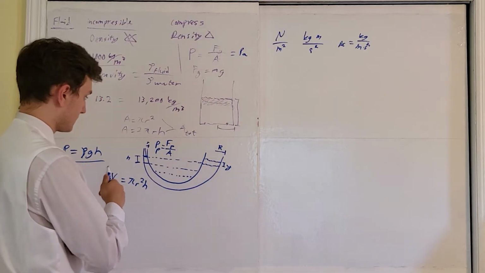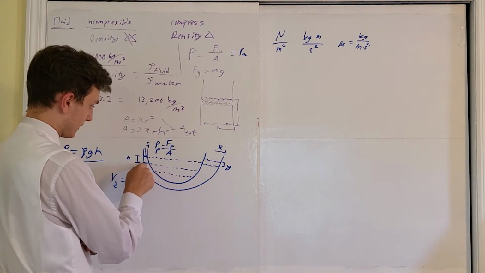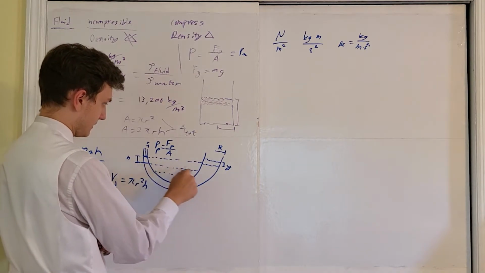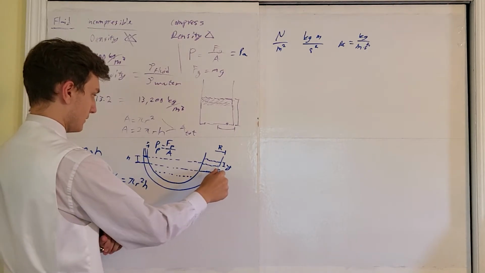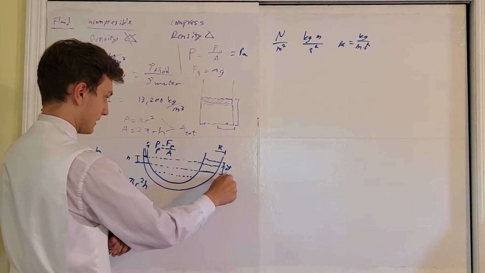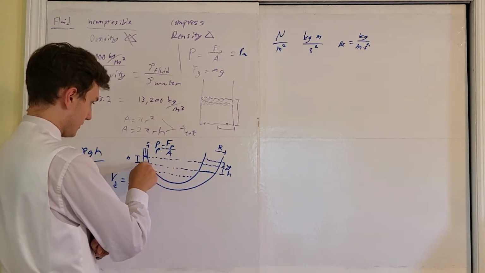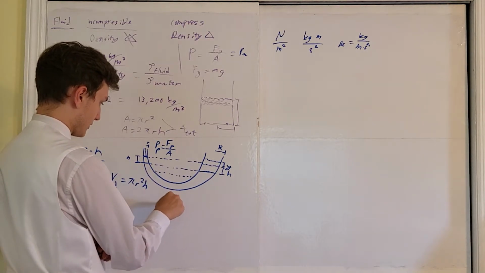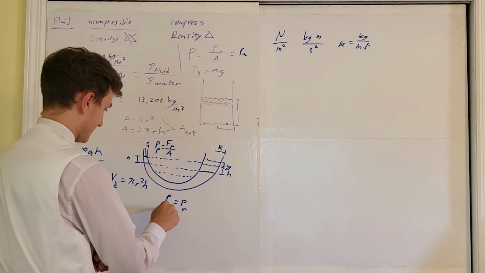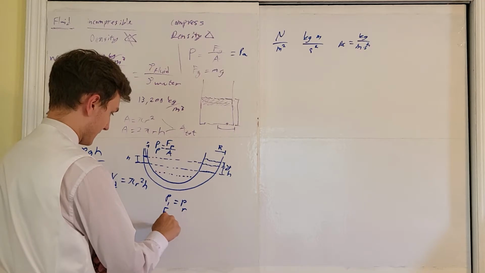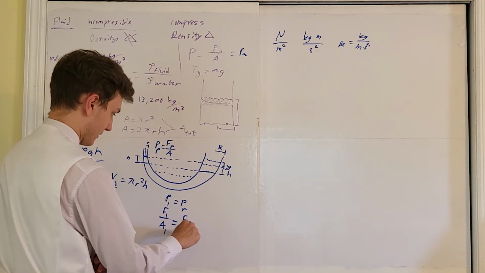So let's use Pascal's principle again to say that since our water level on this side with the piston is now at the same level as this water here, we know that this distance is now h plus y. We can say that the pressure at this point, pressure on the left, is equal to pressure on the right. We can say that the force on the left divided by the area on the left equals the force on the right divided by the area on the right.